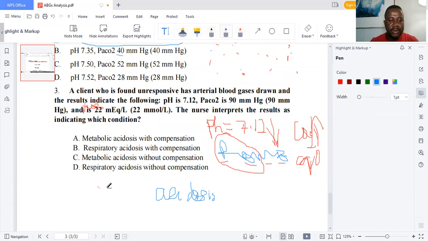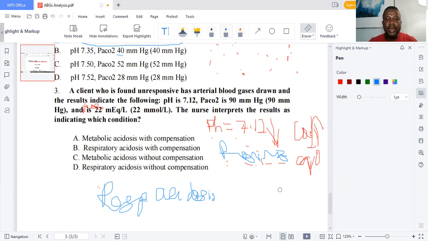So we say this is respiratory acidosis. Okay, let's just try something to see if it is metabolic. Our formula for metabolic says it has to be equal. Equal means in the same direction.